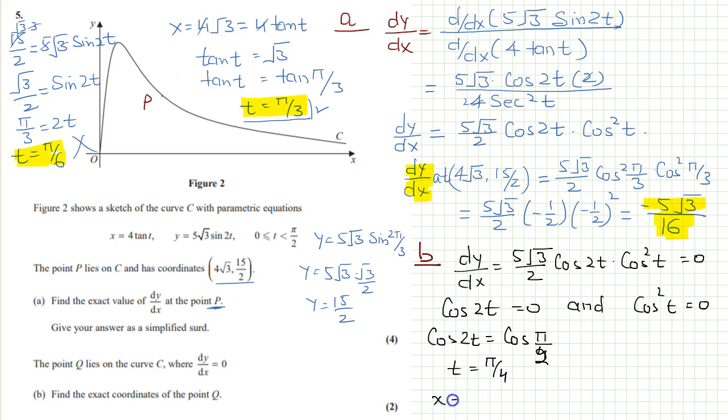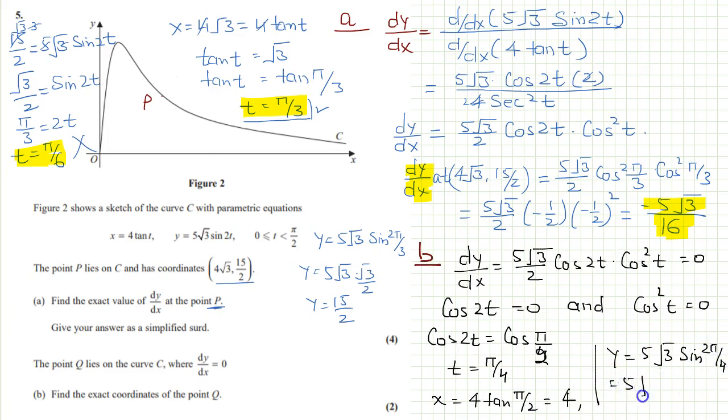Put the value of x. So x will be 4 tan pi over 4. So that will be 4. And y will be 5 root 3 sine 2 pi over 4.